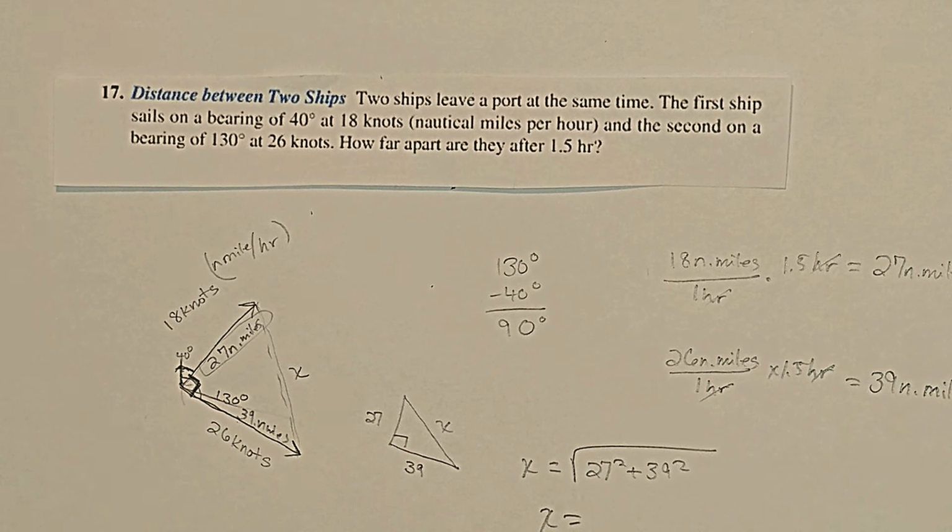And we find that x is equal to the square root of 2250, and that is about 47 nautical miles. That's how far these ships are apart.